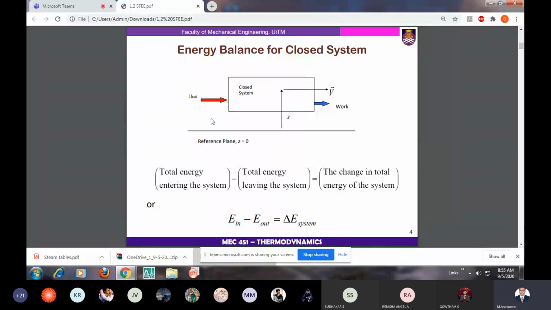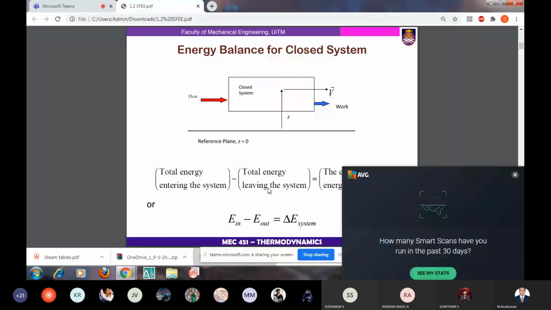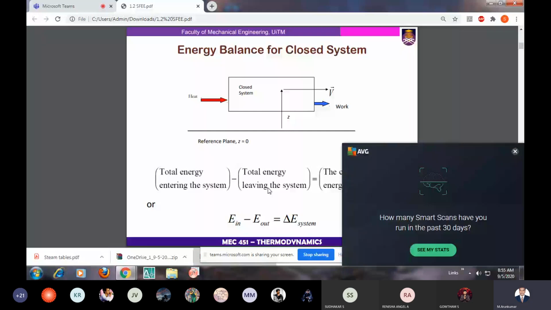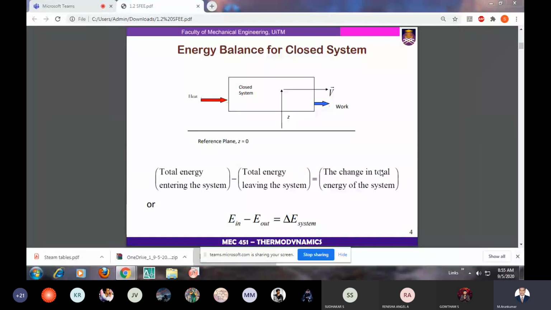The total energy entering the system minus the total energy leaving the system will give you the change in total energy of the system. Or we can write it as E in minus E out is equal to delta E system. That is, energy in minus energy out is equal to the change in energy of the system.